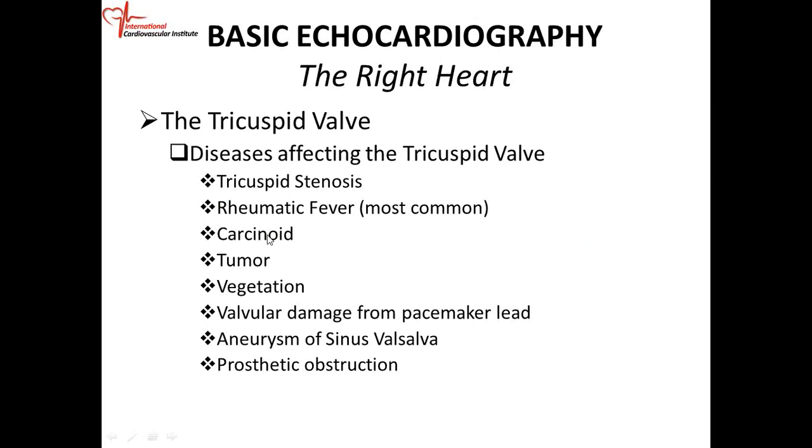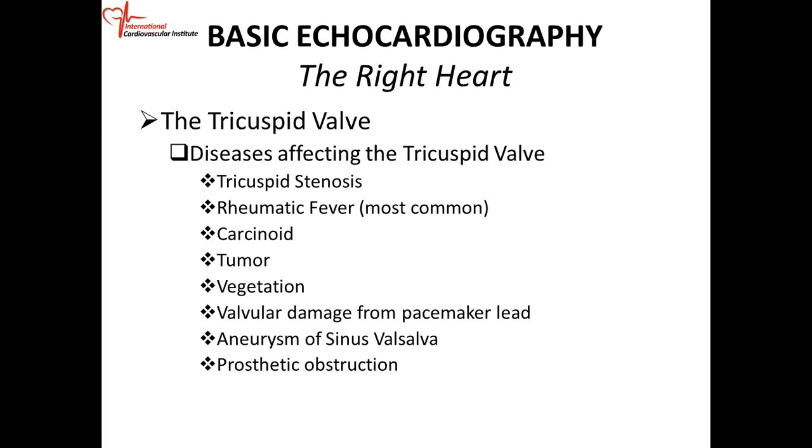Carcinoid. Okay, they love this in exams because it's classic. So you have to know about carcinoid tricuspid valvular disease. Tumors can affect the tricuspid valve. Vegetations, especially in intravenous drug abusers, and valvular damage from pacemaker leads.